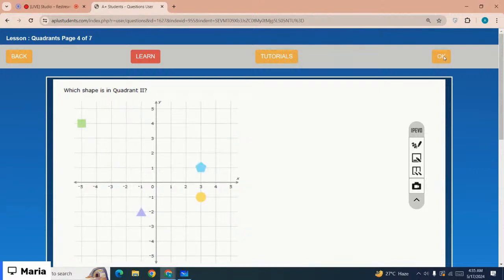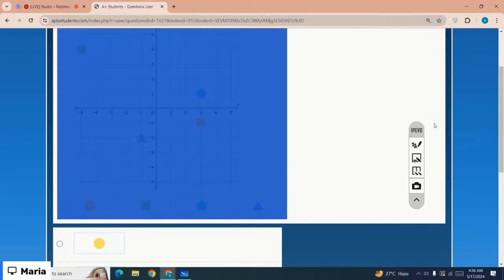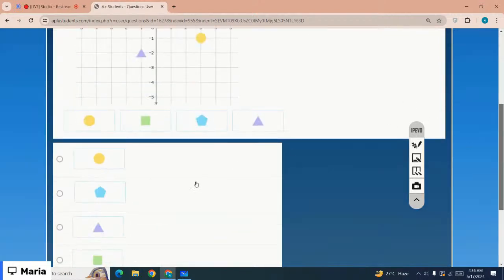Which shape is in quadrant 2? Which is the correct option? This is quadrant 1, this is quadrant 2. So the square is in quadrant 2. The correct option is square.